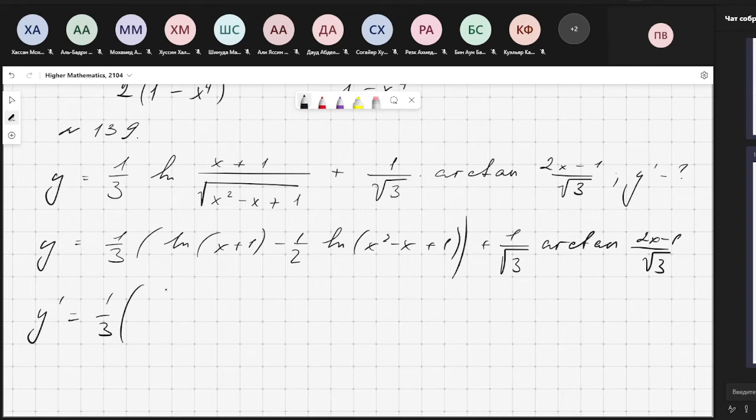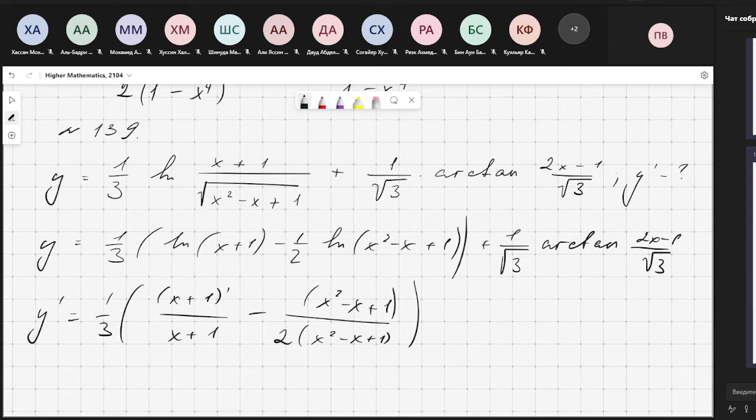Derivative of natural logarithm of x plus 1 is the prime over x plus 1, minus the derivative of natural logarithm of x squared minus x plus 1, which is the derivative of the argument over the argument. Derivative of arctangent is 1 over 1 plus argument squared, multiplied by the derivative of the argument.